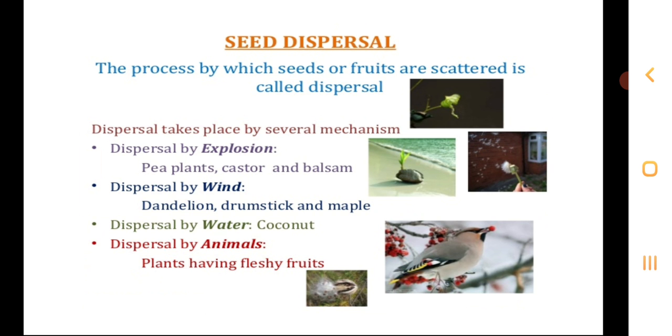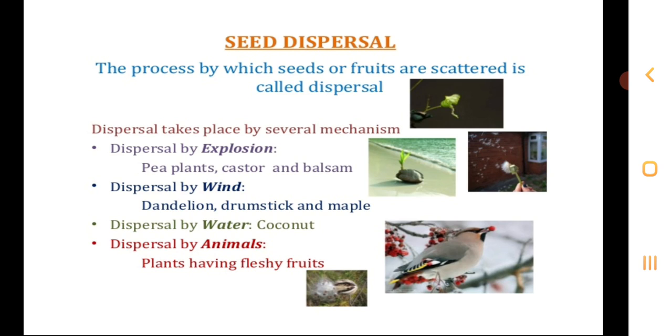Now, dispersal of seeds. The process by which seeds or fruits are scattered is called dispersal. This happens with the help of a few agents: dispersal by explosion, dispersal by wind, dispersal by water, dispersal by animals.